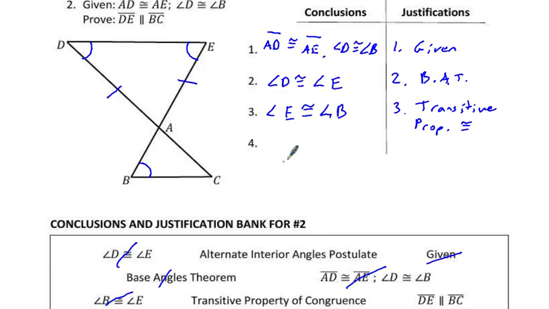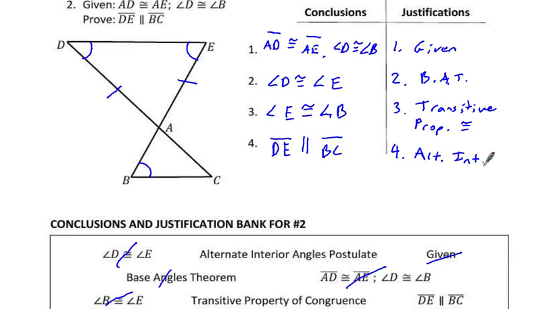The final step is the prove statement. We have enough to say that segment DE is parallel to segment BC because angle E and angle B were congruent, and they are alternate interior angles. Since I'm going from angles to prove lines parallel, we use the alternate interior angles theorem.